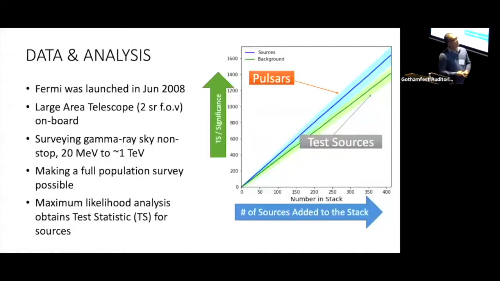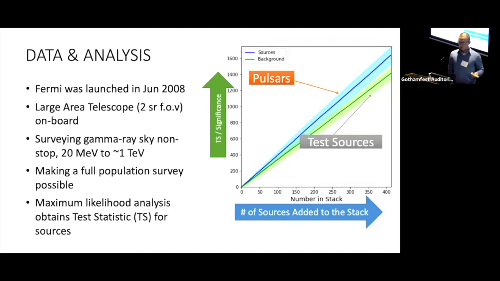A little more about the data is that I used data from the Fermi Gamma Ray Space Telescope. It was launched in June of 2008, and I used the data from the instrument called the Large Area Telescope, which has a 2 steradian field of view, covering 1/6 of the entire sky. The instrument has been surveying the gamma ray sky nonstop from energies of 20 MeV to about 1 TeV.